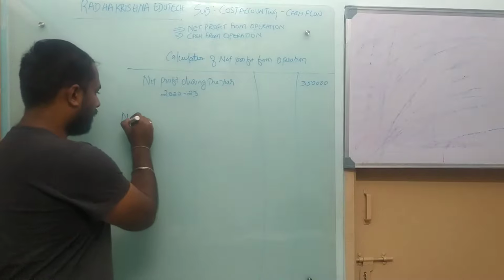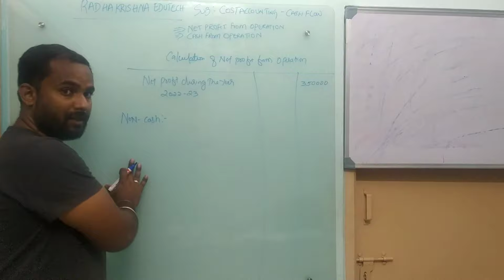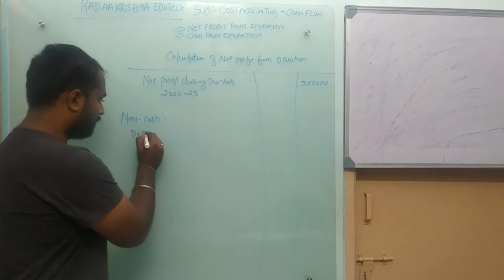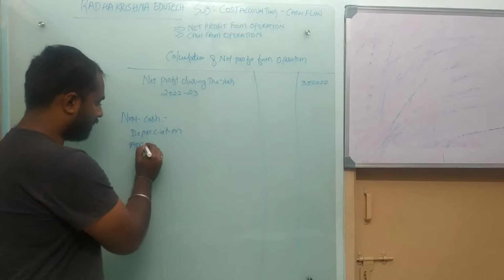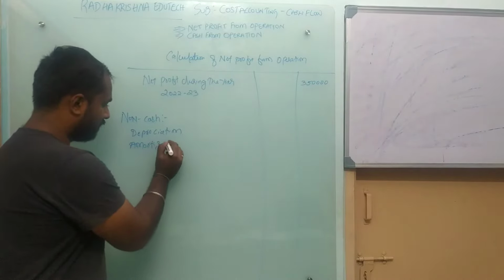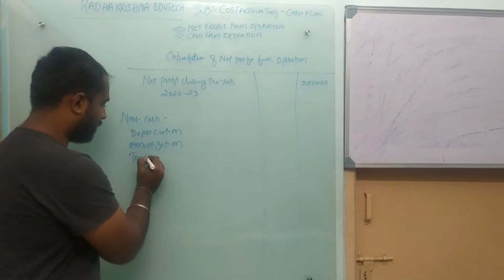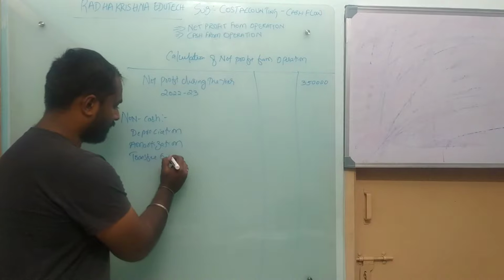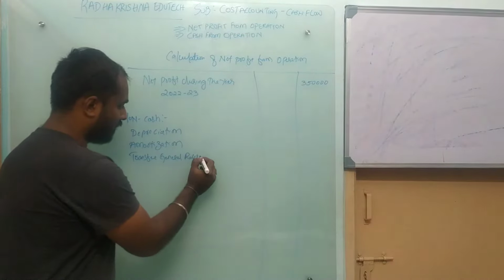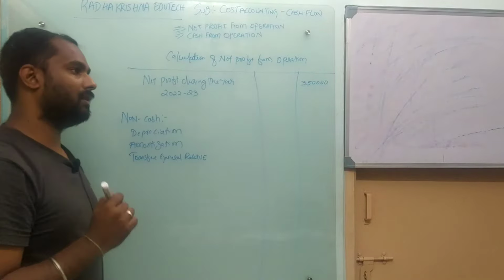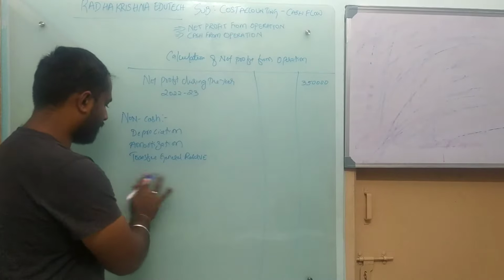Actually, there is no cash involved in these. For example, in a P&L you will have non-cash items like depreciation, amortization of goodwill, transfer to general reserve, then debenture redemption reserve.